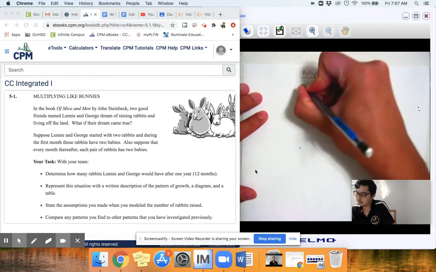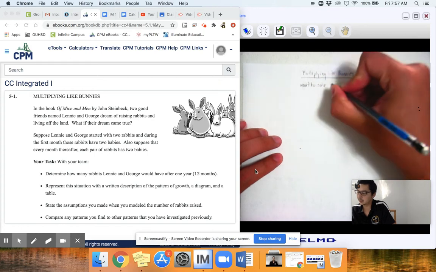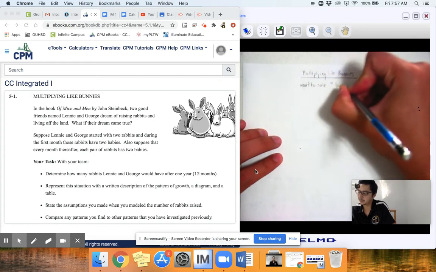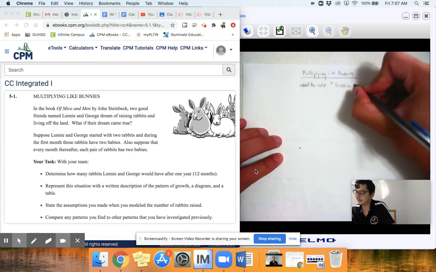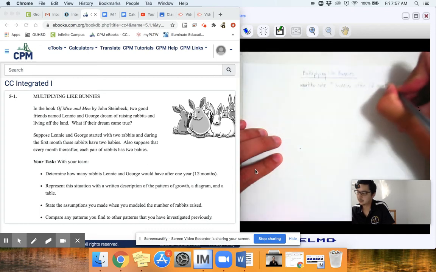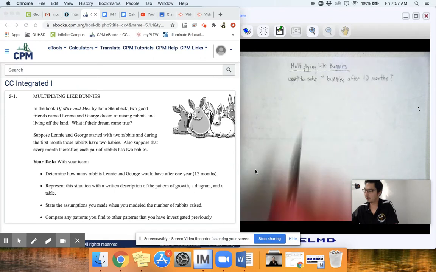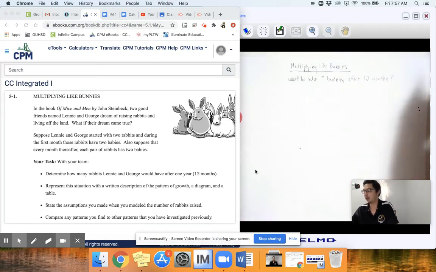What we want to solve is how many bunnies are there after 12 months. That's the goal of the problem. If you can do that question, then you are good to go.